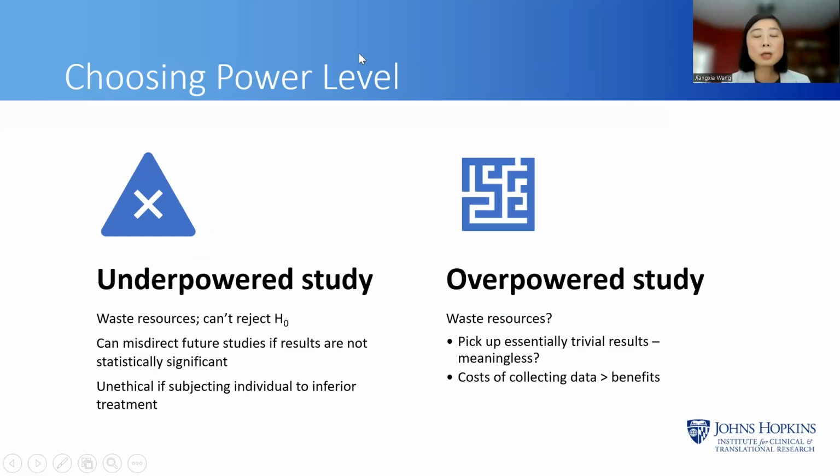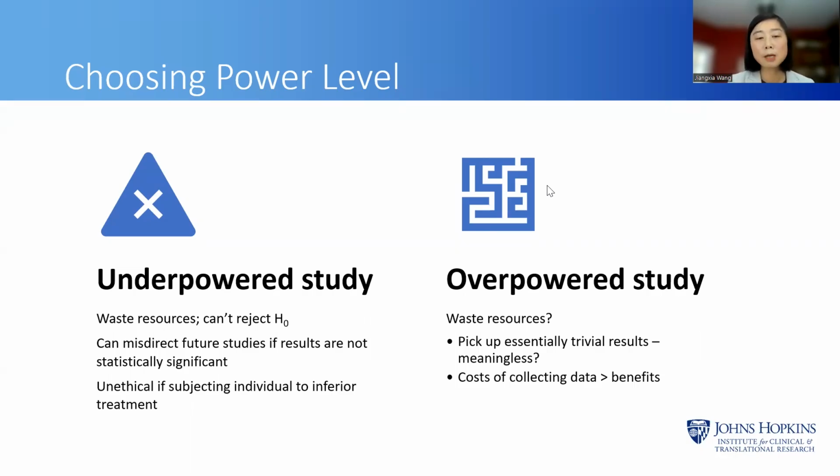So to choose the right power level, it is really a fine balance. For an underpowered study, if we can't reject the null hypothesis, we waste the resources for carrying out the study.